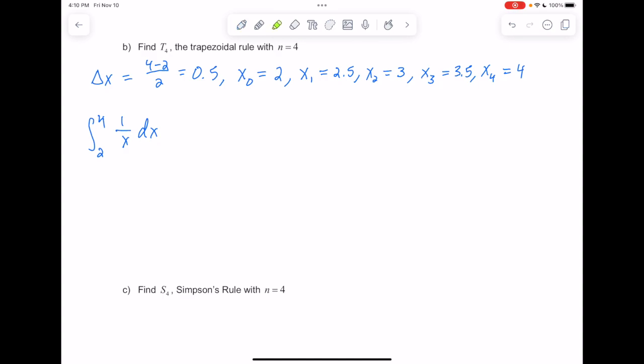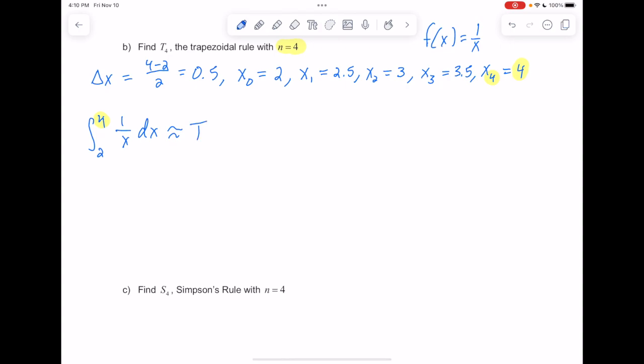So n was 4, and when we got to x4, we got 4, which was our upper limit of integration. And just another reminder, our f of x is what was inside of the integral, so f of x is 1 over x.